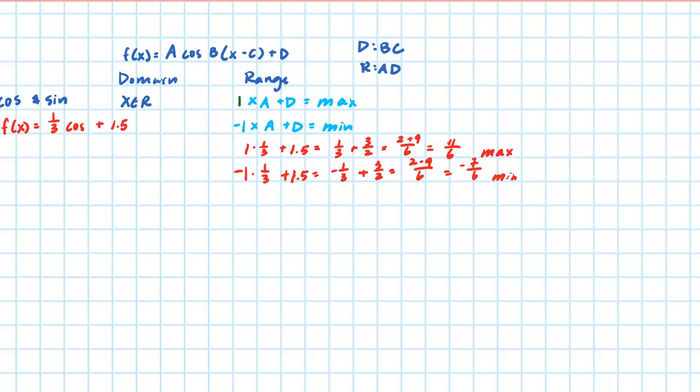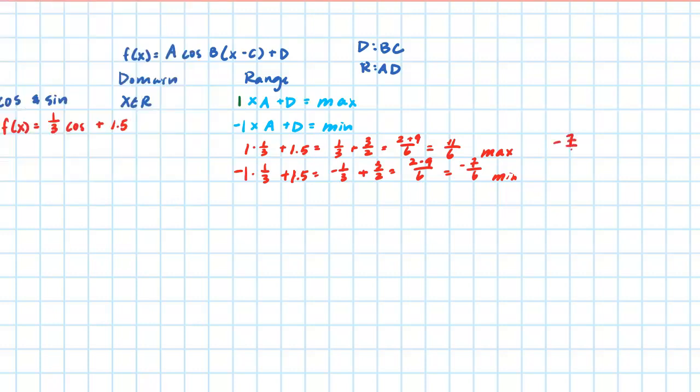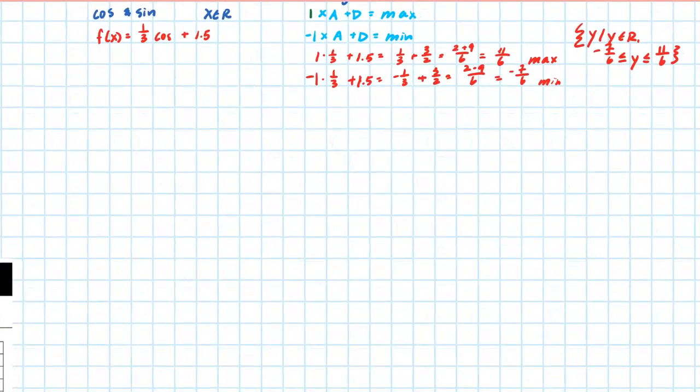So for this, the range is going to be y, -7/6 less than or equal to y less than or equal to 11/6, once you write the rest of the business. Okay? Got it.